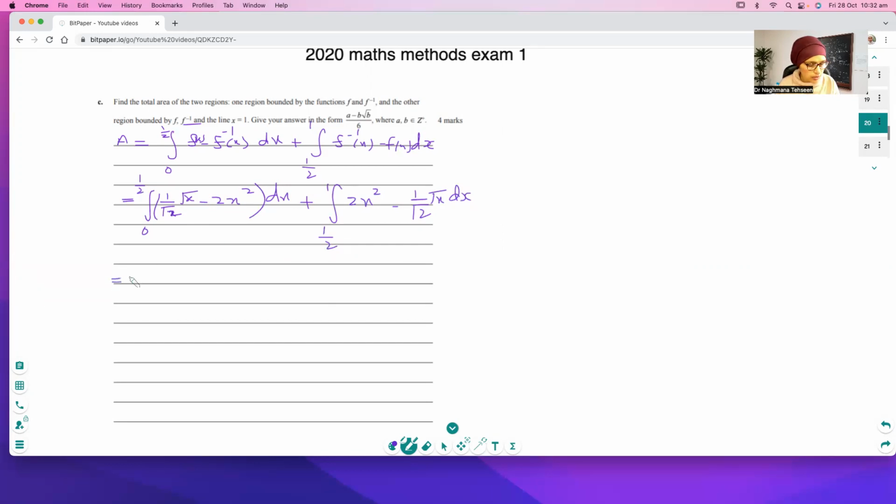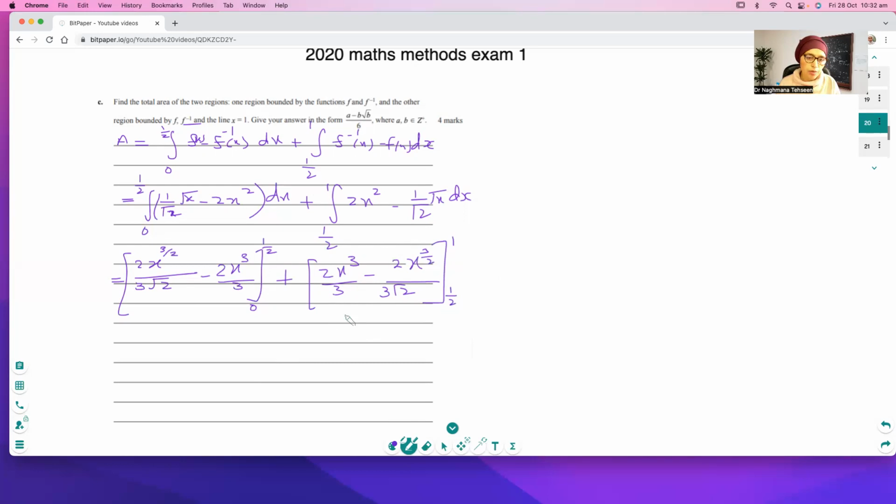So we're going to get root x to the power 3 over 2 divided by 3 over 2, which gives you 2 over 3 root 2, minus 2x cubed over 3, and the limit is 0 to 1/2, plus then we have 2x cubed on 3 minus 2 over 3 root 2 times x to the power 3 on 2, and the limit is 1/2 to 1.